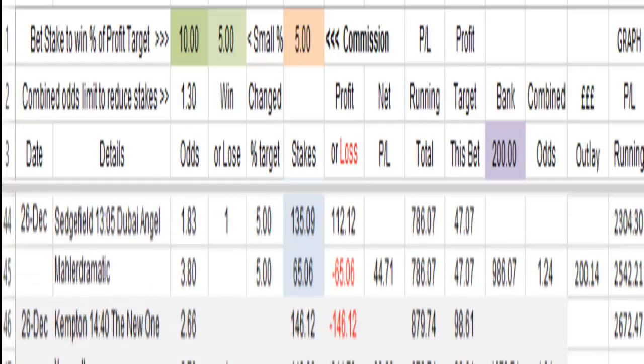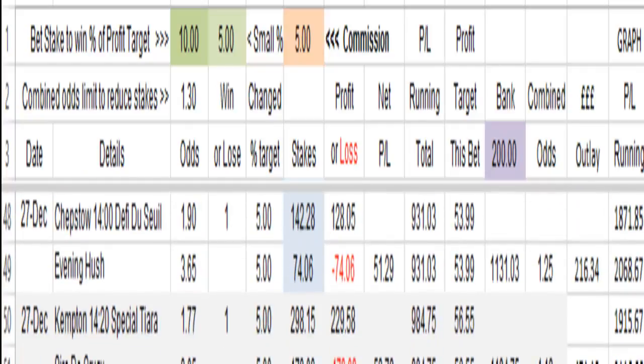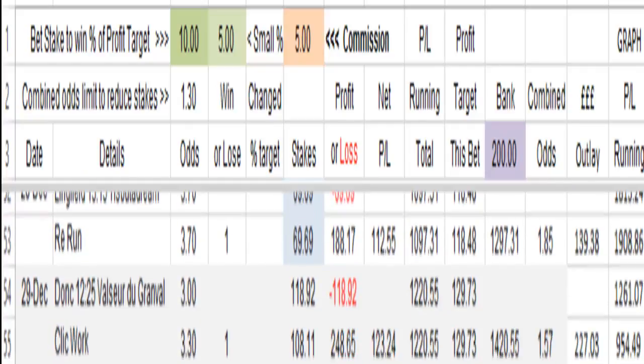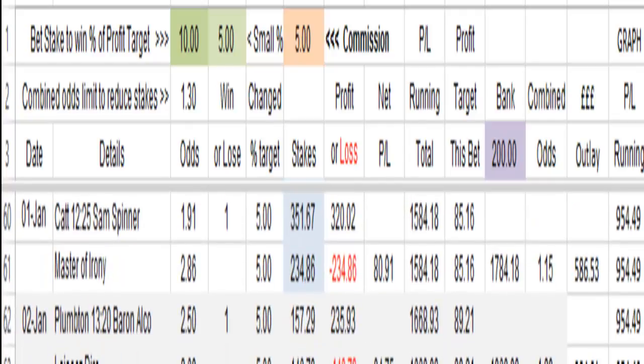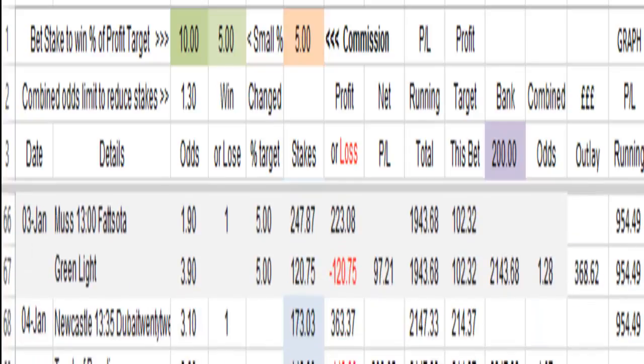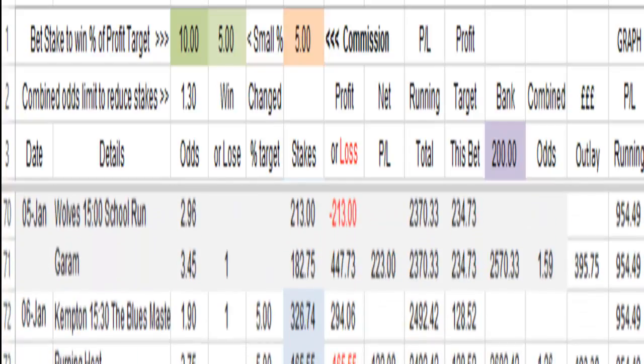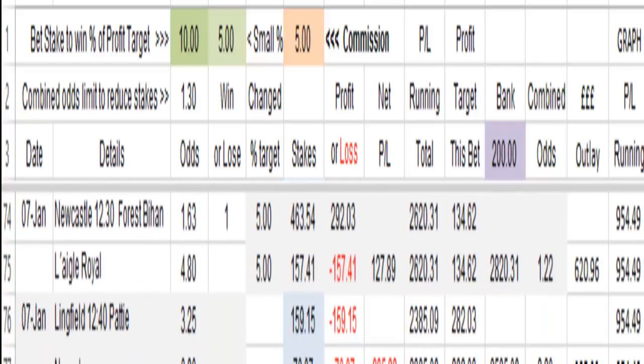If you look at these totals, these are all horses I sent out to BTW, and these are the way the totals are going. Look, 2,800, 3,000.